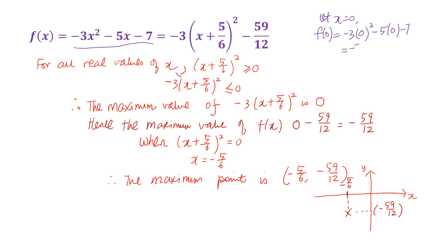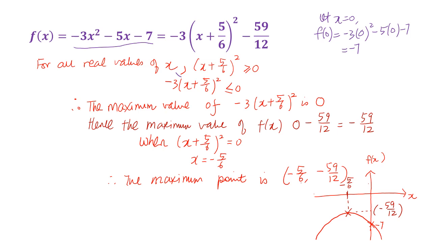And you get negative 7. So negative 7 is the f(x) value, and it will be somewhere here.